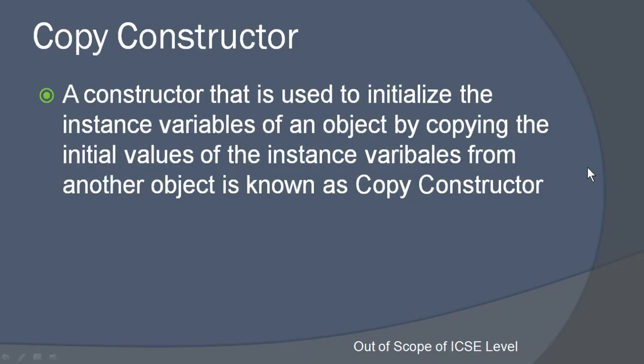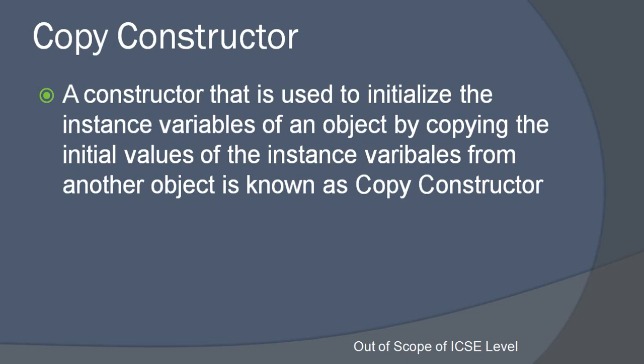Finally, you have the copy constructor, a constructor that is used to initialize the instance variables of an object by copying the initial values of the instance variables from another object. That means you are going to create two objects here. The first object you create, you initialize some instance variables, and then you create another object using only that object. This is out of the scope of your ICSE syllabus, so you are not going to discuss anything about it.